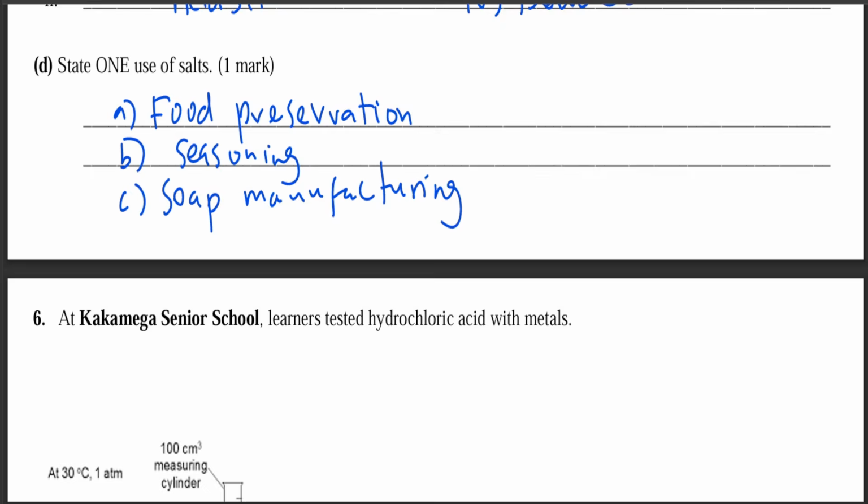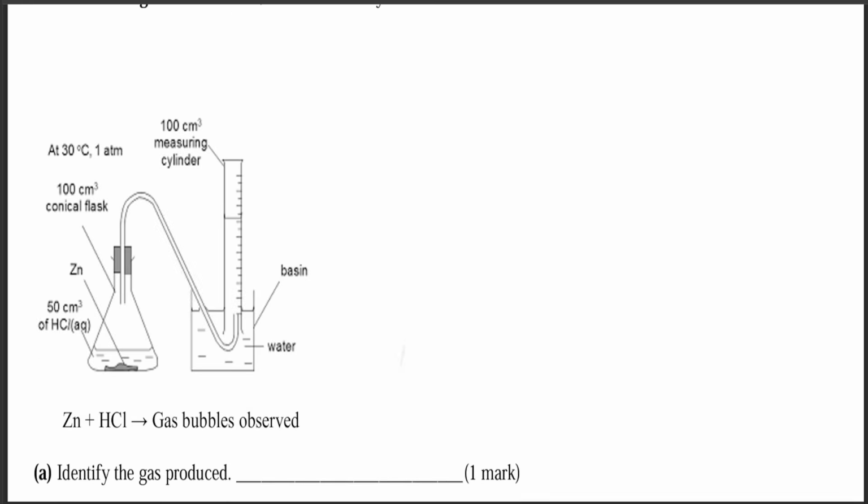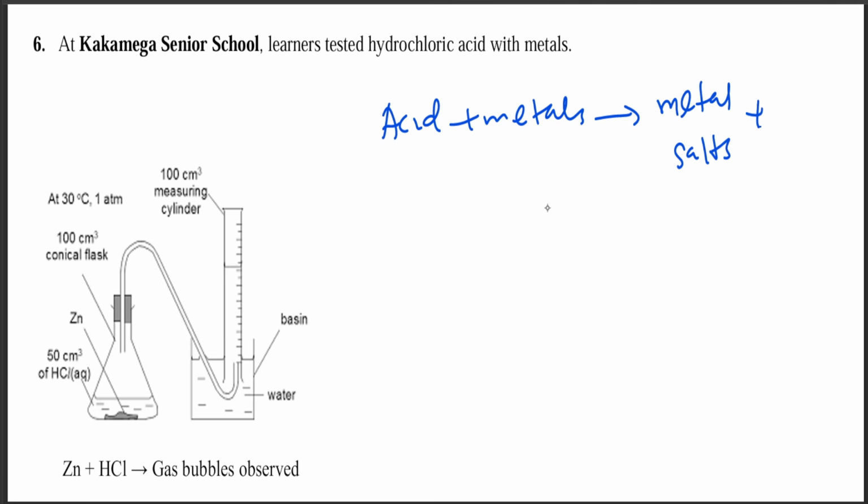Okay, question 6. At Kakamega Senior School, learners tested hydrochloric acid with metals. So acid plus metals, you will get metal salts plus hydrogen gas.